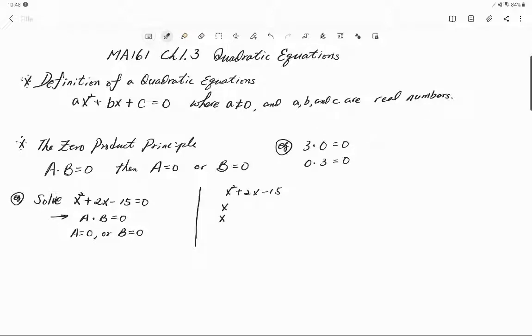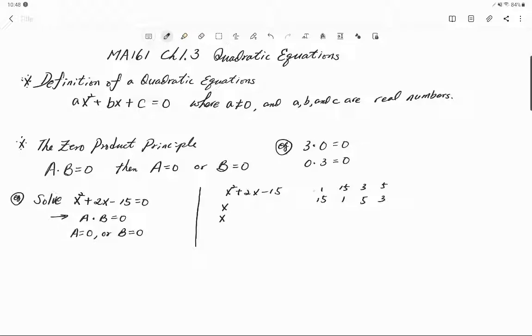There are many combinations of pairs of products. So 15 can be either 1 times 15, or 15 times 1, or 3 times 5, and 5 times 3, like this. So these are pairs of products, the factors that make 15.